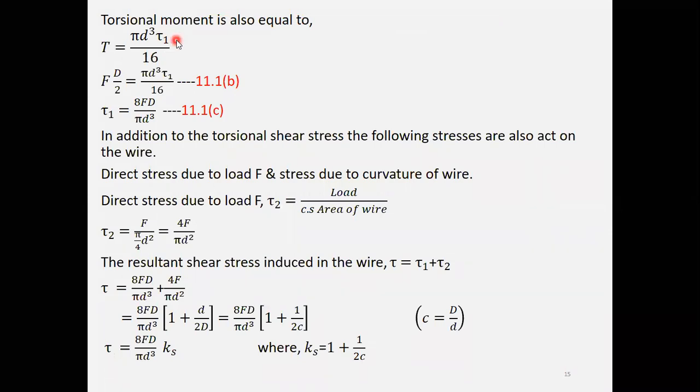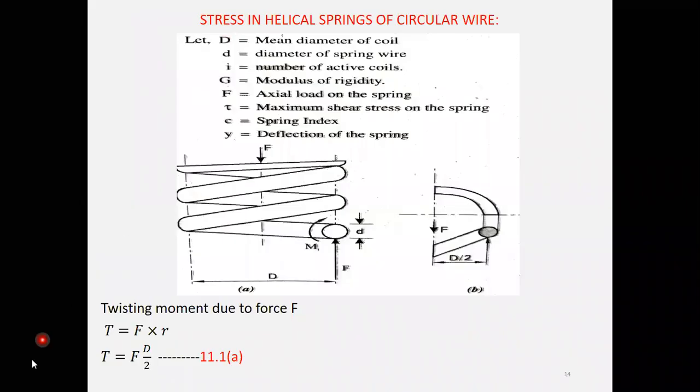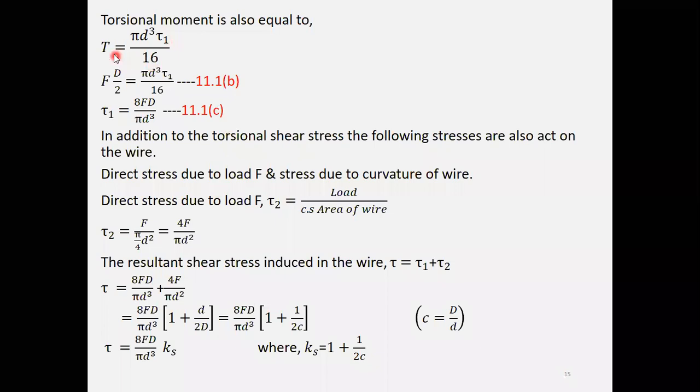Now, we know that the torsional moment, which you have derived in your mechanics of materials, is T equals pi d cube tau divided by 16. Why?